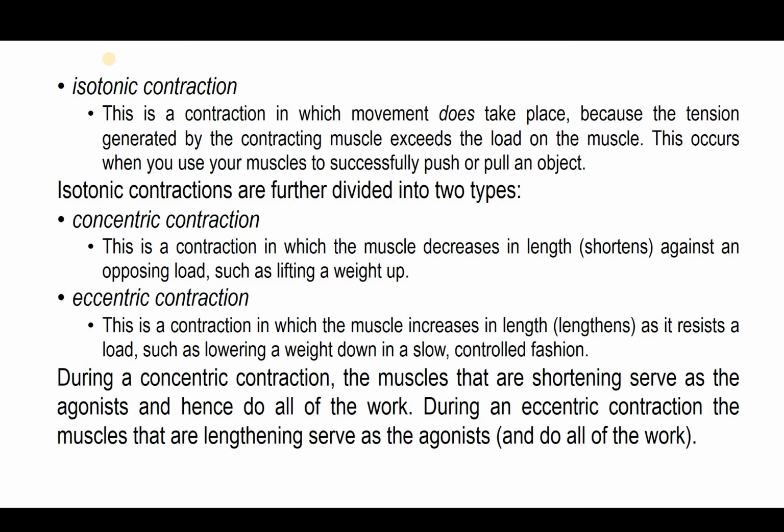The eccentric contraction would be lowering the dumbbell, extending at the elbow in that bicep curl example. So the eccentric part is where the muscle lengthens. So concentric shortens, eccentric lengthens.